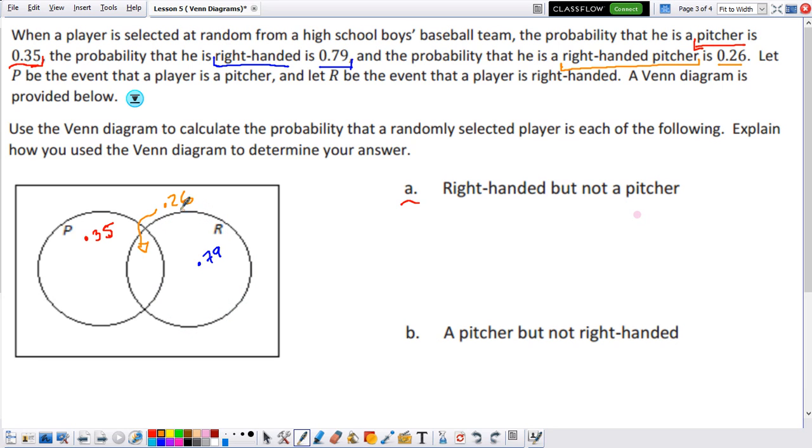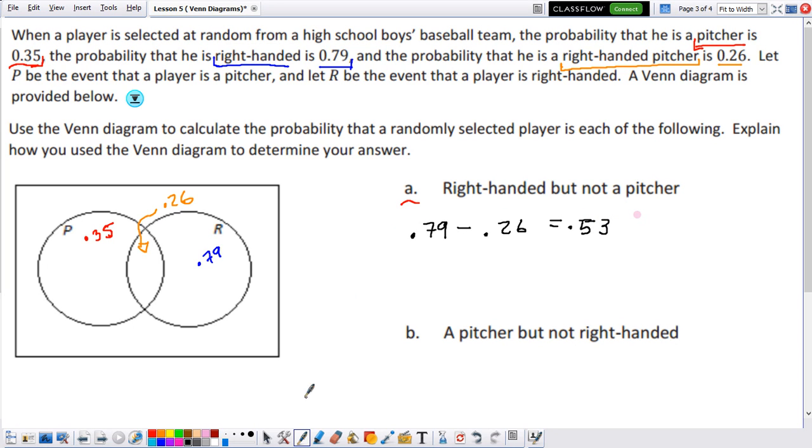Well, we know the whole circle is 0.79, and if we take out the little section in the middle, which is 0.26, we're going to have this region, and this is a total of 0.53.